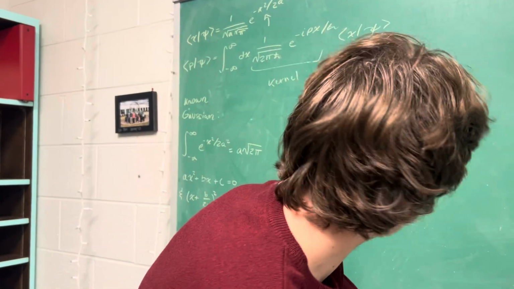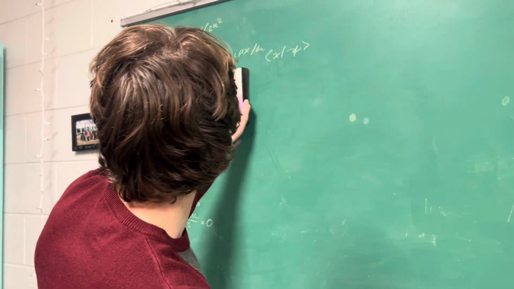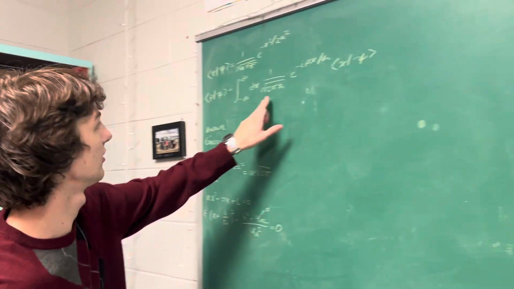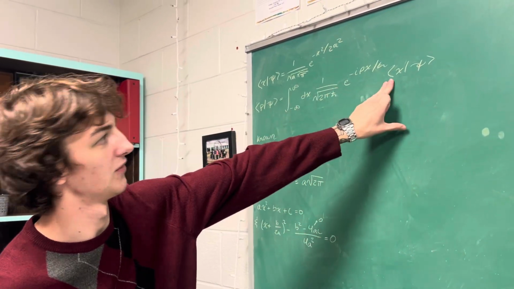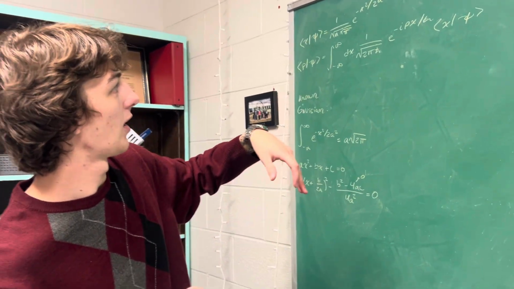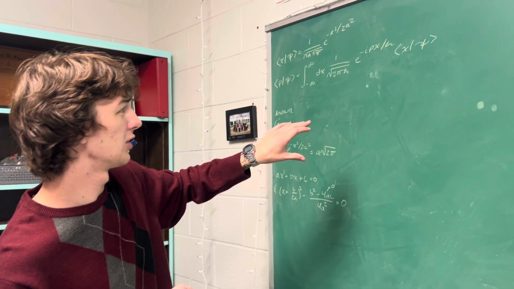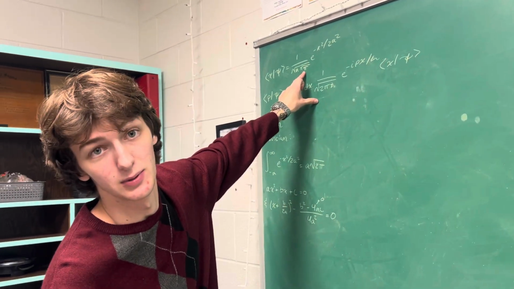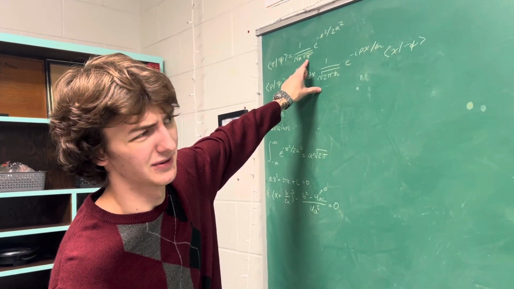The first thing we have to do is rewrite our integrand with the position space wave function inside. Instead of rewriting the whole thing, I'm going to group these two constants together in the beginning and we'll deal with them at the end.